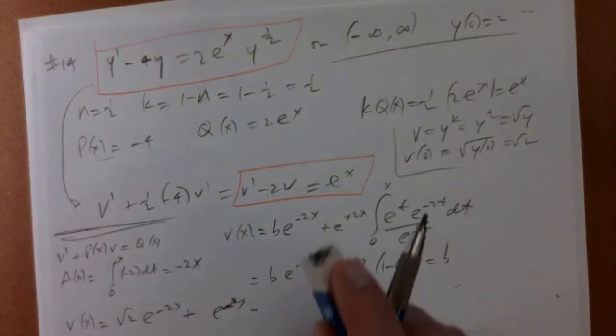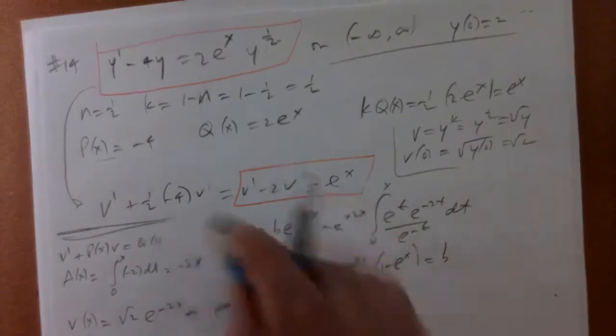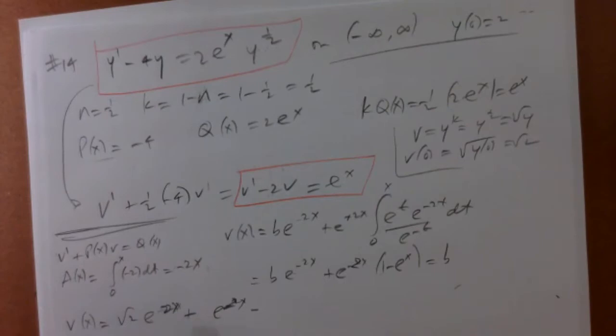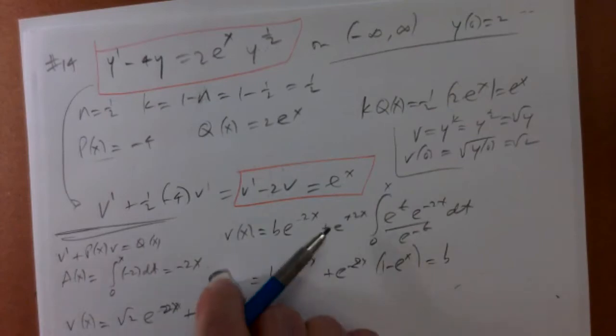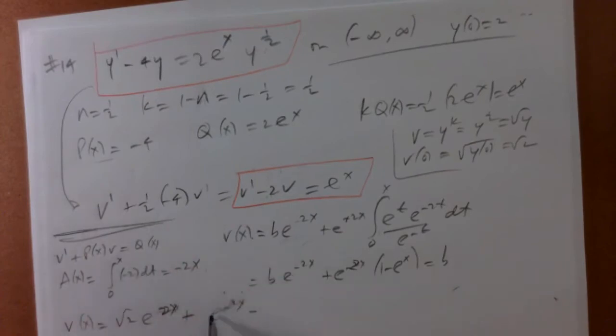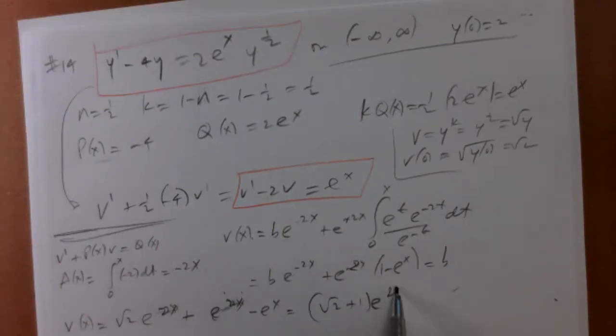I keep putting these wrong, this is always a plus 2x. So that's square root of 2 plus 1, e to the 2x minus e to the x. That's the solution of this equation.